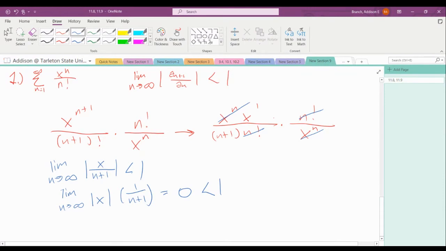And this is always going to be 0 no matter what we put in for x, since x is just any constant number. Therefore, our radius of convergence is infinity, and our interval is negative infinity to infinity.